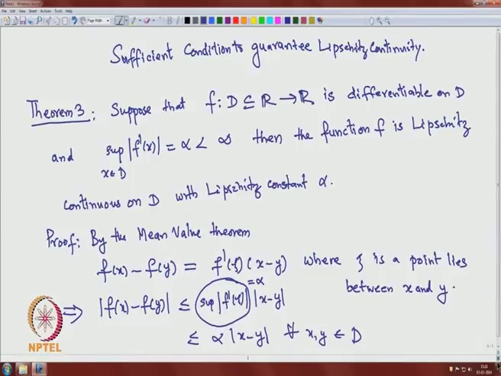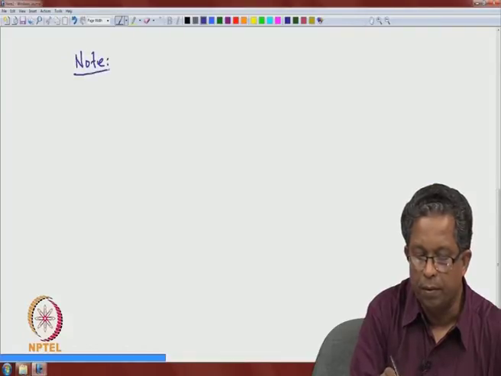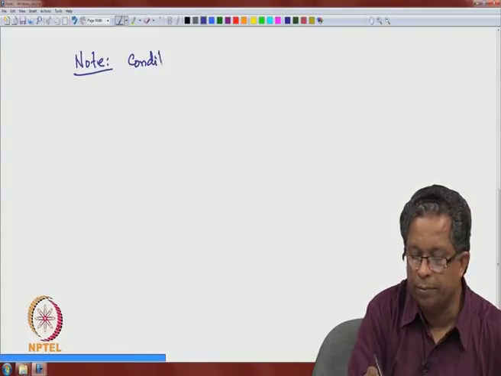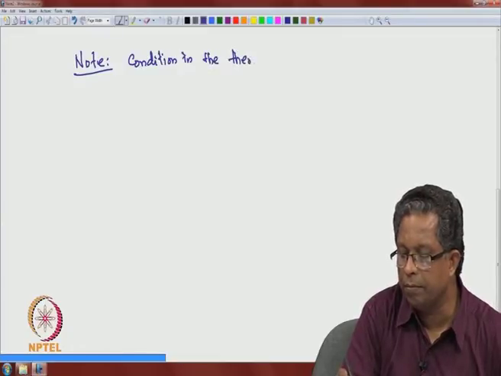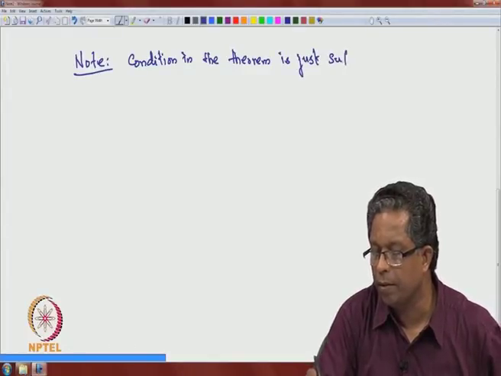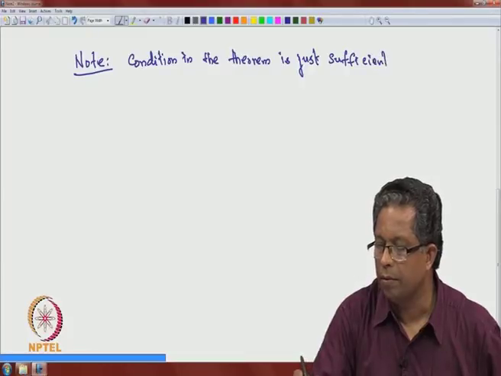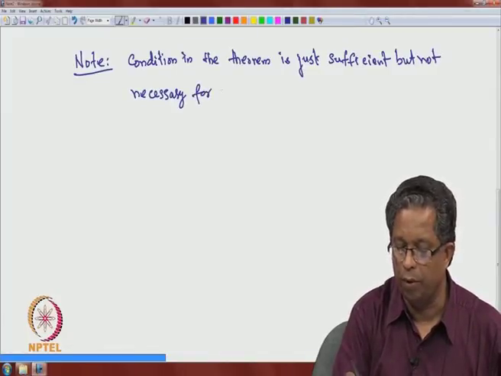And we note that the condition in this theorem is just sufficient, but not necessary for Lipschitz continuity.